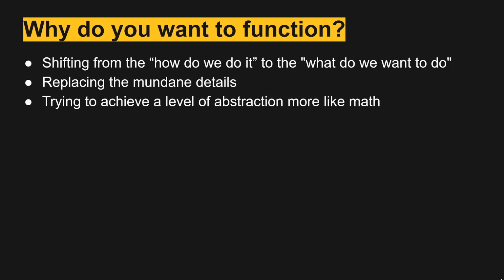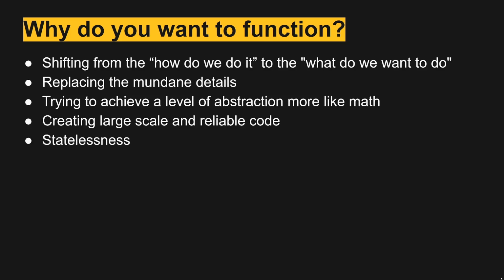And the functional languages are trying to achieve this level of abstraction that's similar and more like math. Certain things just happen automatically. You don't have to worry about it. You don't have to worry about what platform it's executing on, etc. And the idea is to create this large scale and reliable code.